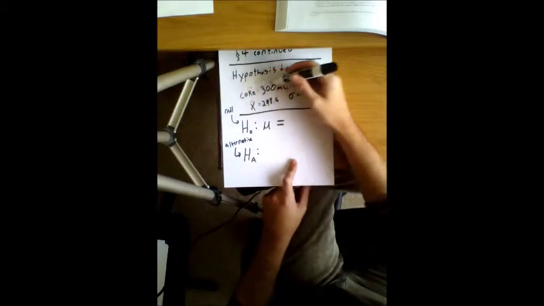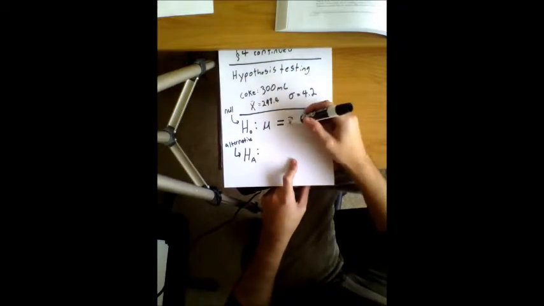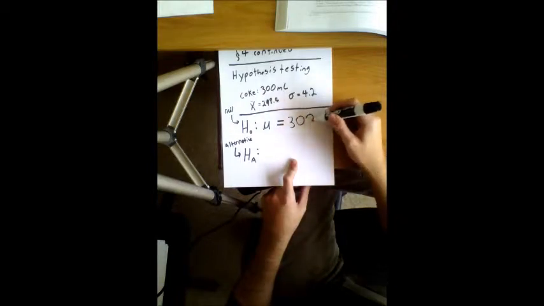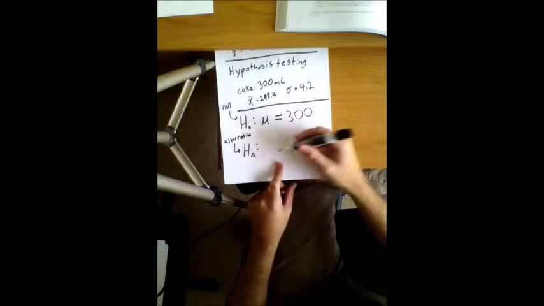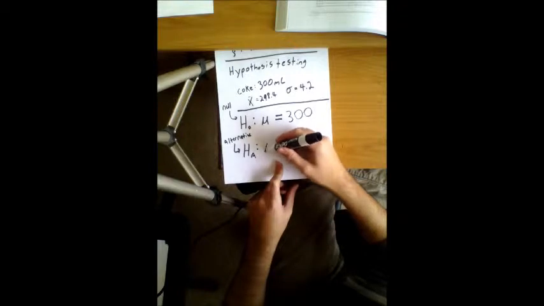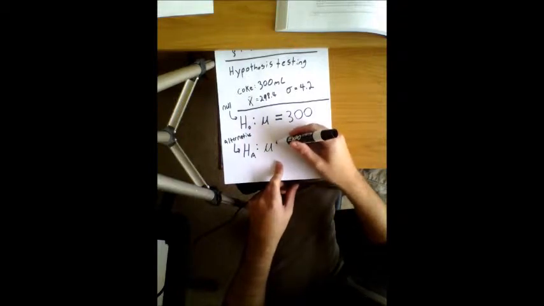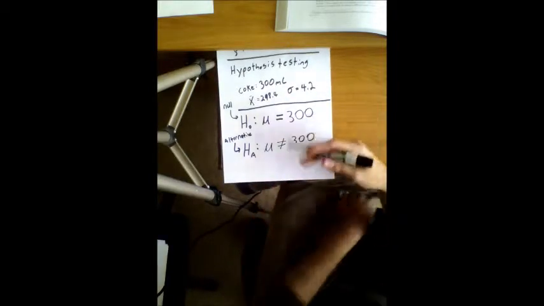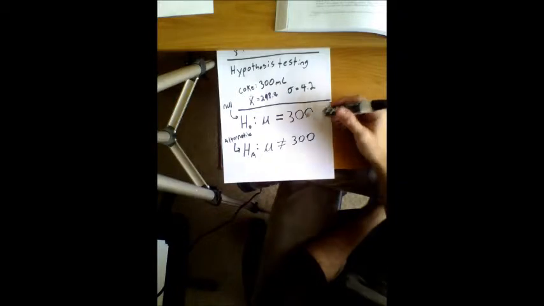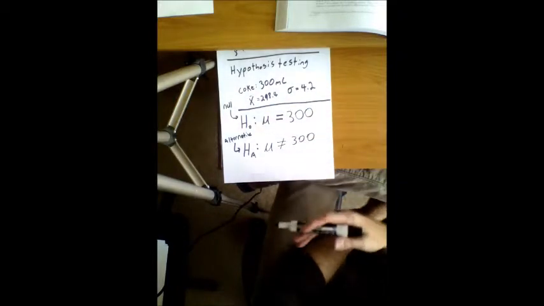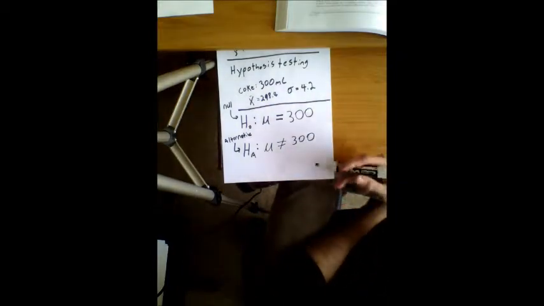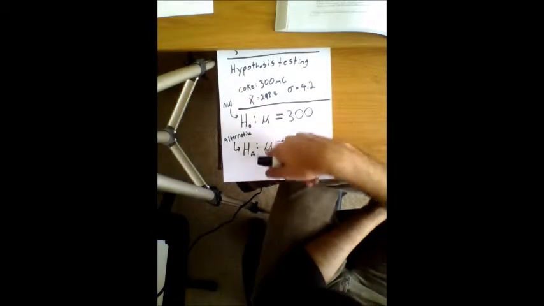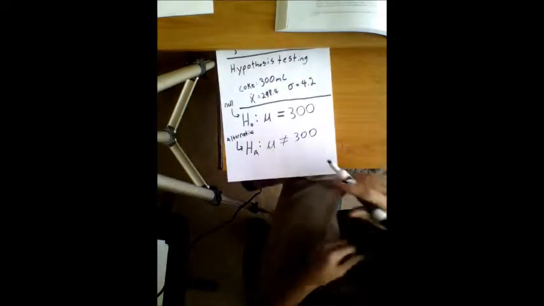So we'll go ahead and assume that Coke does give us 300. And the alternative is what? The population parameter, mu, is not equal to 300. So this basically covers all of our bases. And this is just setting up the hypothesis. We're not going to run through it just yet, just to get familiar with how to set these things up. Alright?